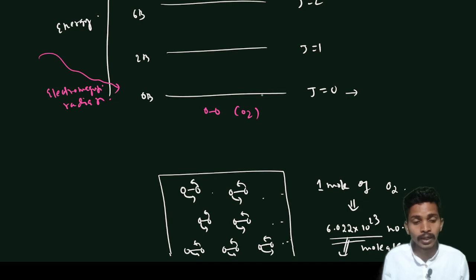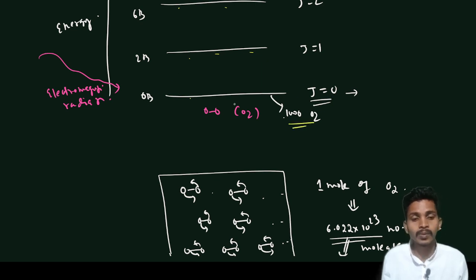If all 1000 O2 particles lie at only one energy level, let's say J equal to 0, then the transition will occur only when electromagnetic radiation falls on this, because no molecules are at the other levels; all molecules are at J equal to 0.